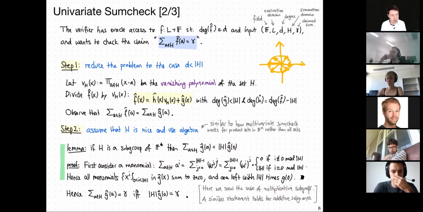The proof is much less obvious. One way to prove it is using directional derivatives, and it's a very beautiful, not obvious statement about the case of additive subgroups. But either way, some subgroup structure, whether multiplicative or additive, helps you understand the sum.